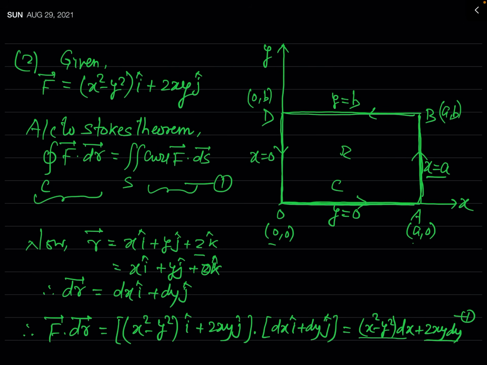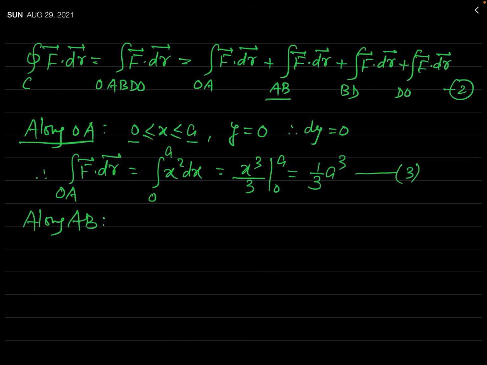So along the path AB, x is constant at the value a, and y varies between 0 and b. So 0 is less than or equal to y, which is less than or equal to b. Now since x is constant, dx is equal to 0.